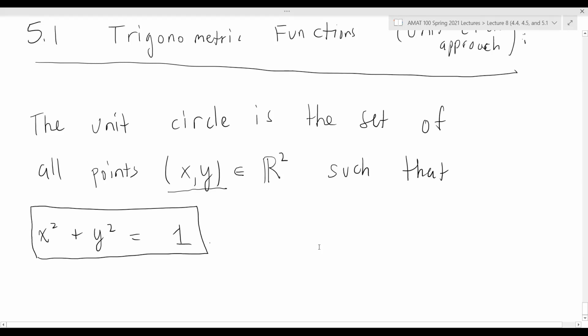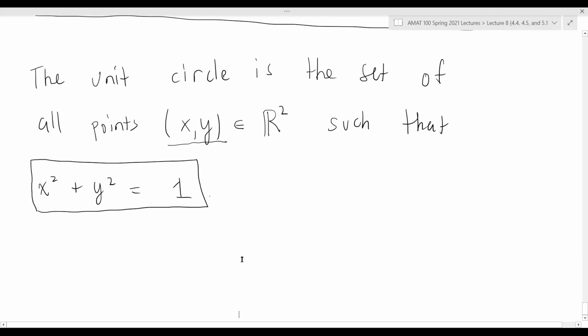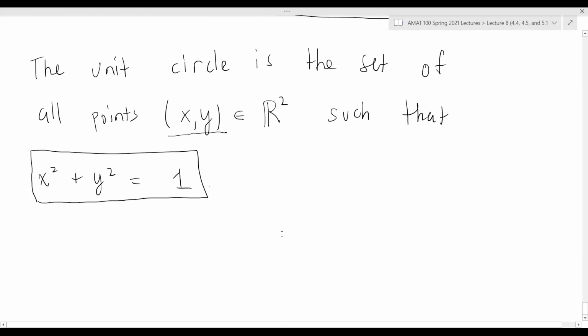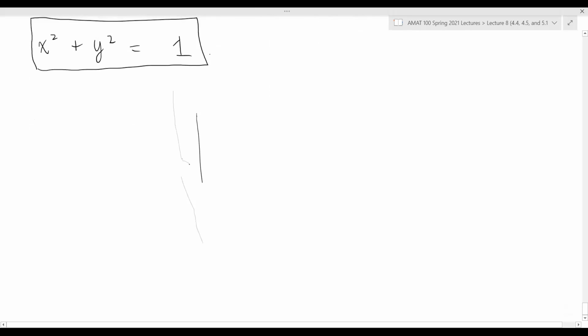So this is very inherently two-dimensional, but we want a simpler way of thinking about this. If we just confine ourselves to the unit circle, so the unit circle is just our universe, we're imagining ourselves on the unit circle. So let's draw that.